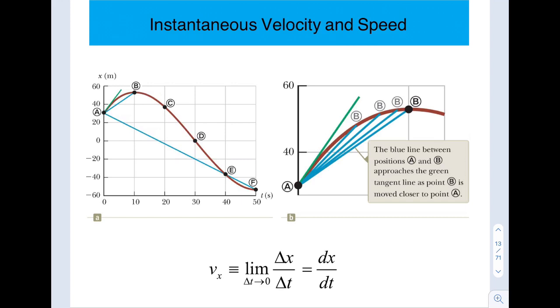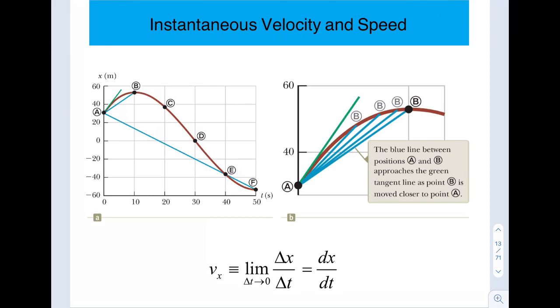Next one will be instantaneous velocity and speed. This is a figure of our previous example, a car moving from position A to position F. And here is another approach, where we have a bigger picture of this part, A to B here. So we make it bigger here. From A to B, the distance traveled is quite big and the time taken is also quite big, 10 seconds.